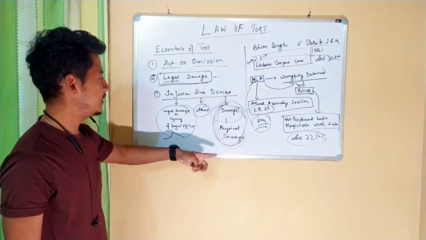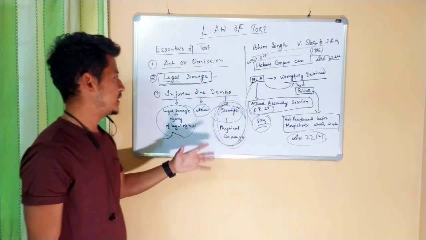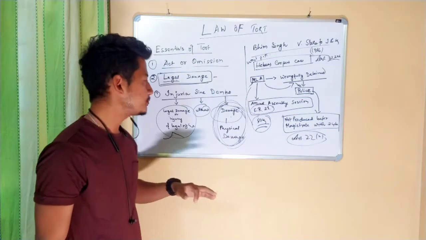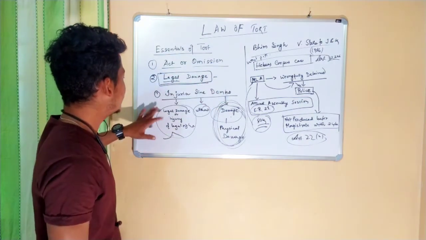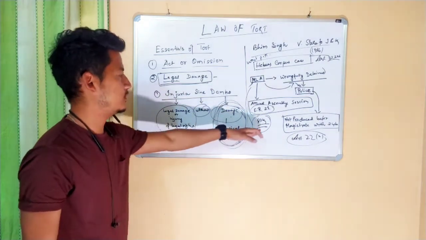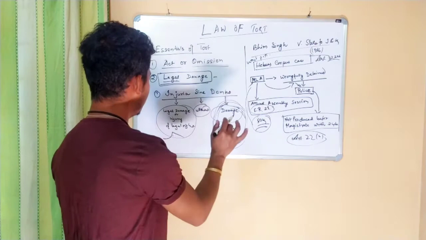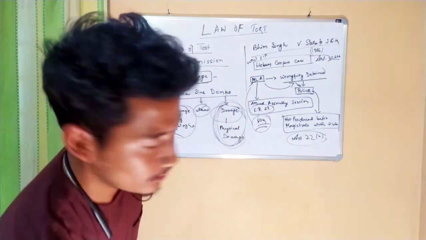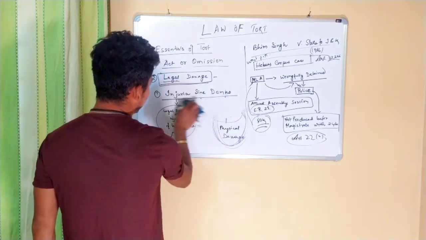So there is no physical damage, no actual damage suffered by him. That is why, since his legal right was violated, he got compensation of rupees 50,000. So this is all about injuria sine damno. I hope now it is clear to you what it means.